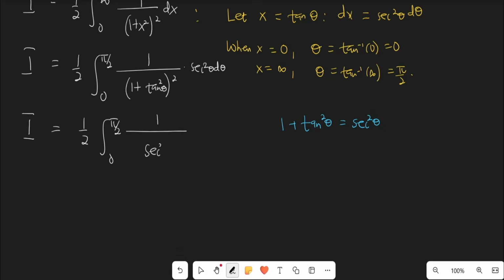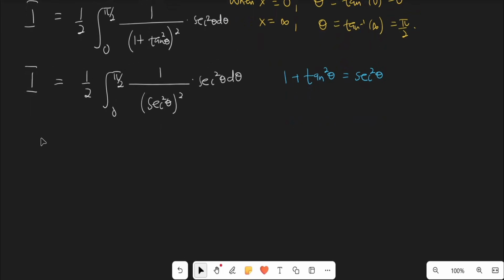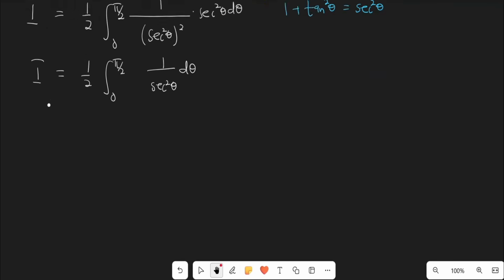So this is the secant square of theta by a squared as well, and this is multiplied by the secant square of theta d theta. Cool. So we have I equal to, this is now secant to the 4th power of theta, which is going to cancel this one. So that is going to be left with 1/2 the integral from 0 to pi over 2 of 1 all over secant square of theta d theta.